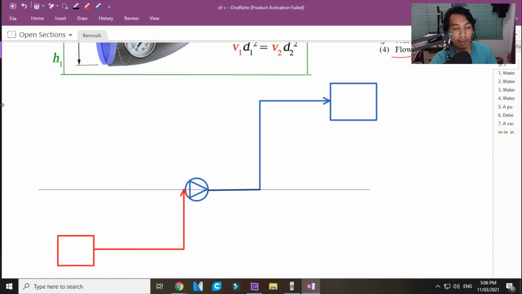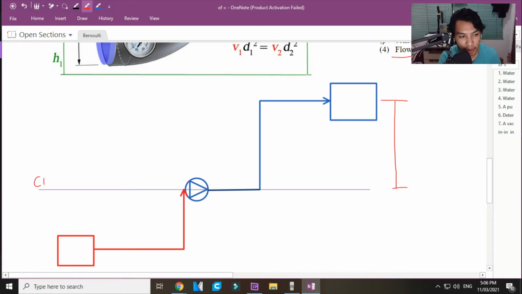Yan. So, meron tayong diagram dito. Meron kang H. Ni-determine pa rin natin dito. If this is your pump center line or datum line, and this is your suction and discharge, yun nandito, we are given a height here, which is ZS.